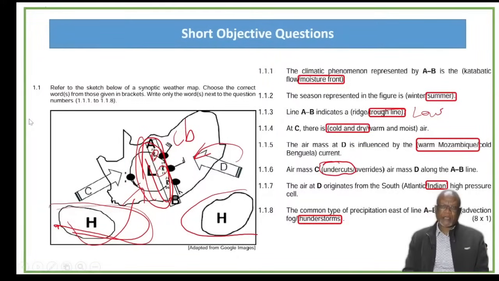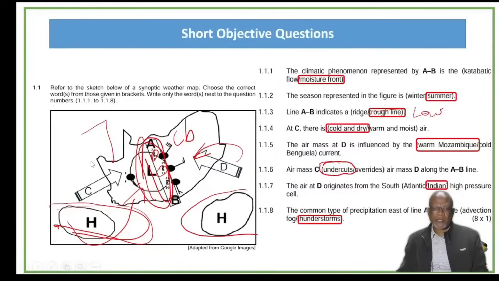Because the air on the east is going to rise rapidly and then rise even higher, it results in clouds that have vertical extension and are heavily laden with moisture. They've got a lot of moisture, and therefore it's going to result in the development of thunderstorms and heavy rainfall on the east of the moisture front.